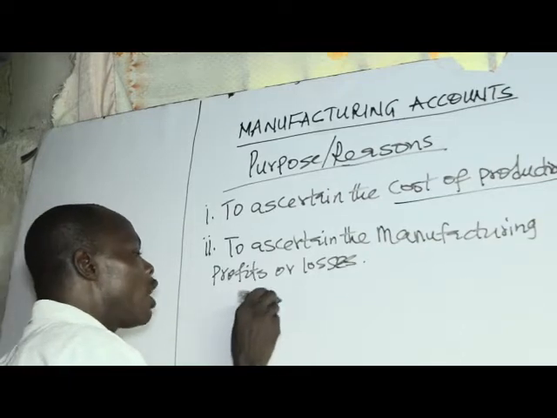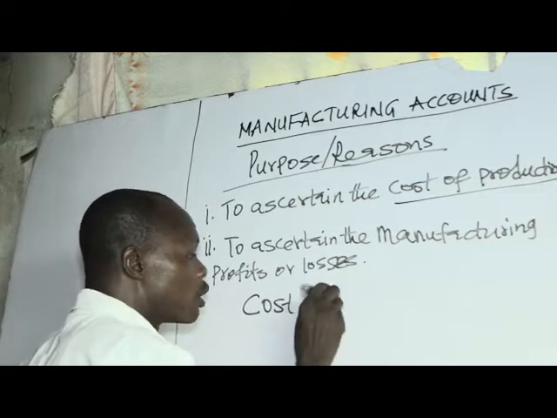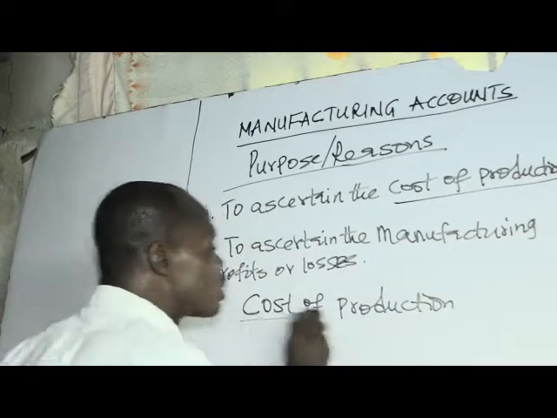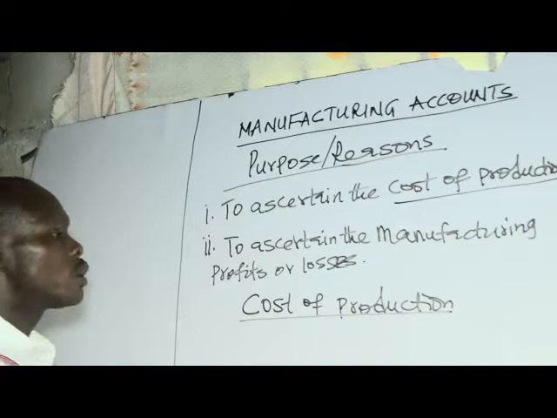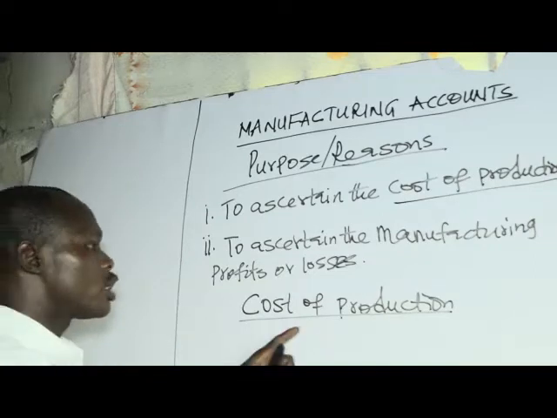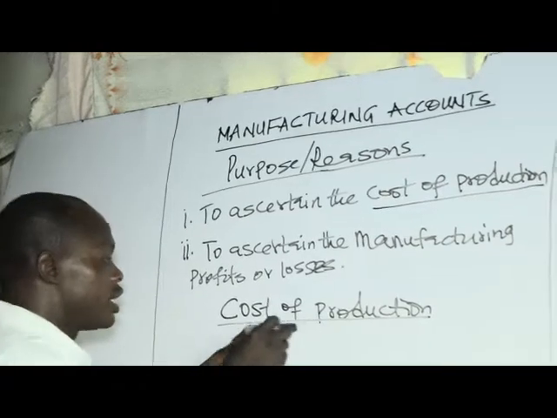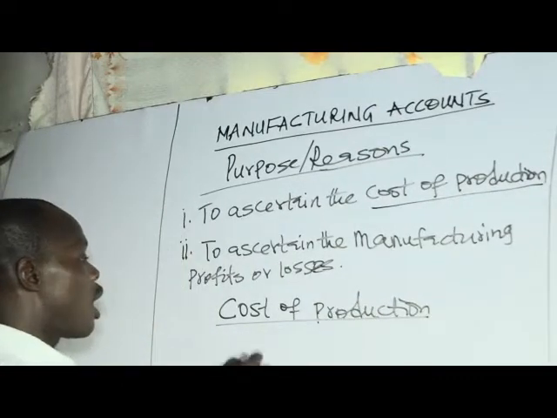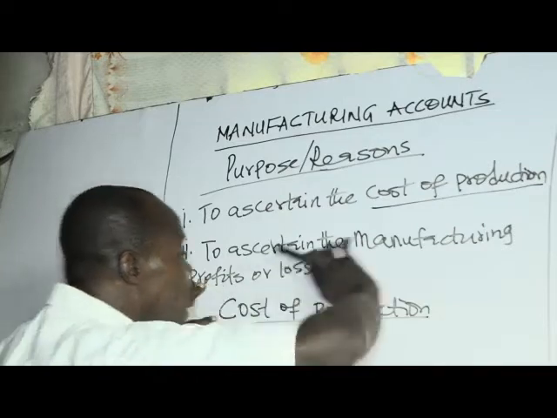What do we mean by cost of production? These are the total cost of goods produced. I repeat, cost of production are the cost of goods manufactured to date.